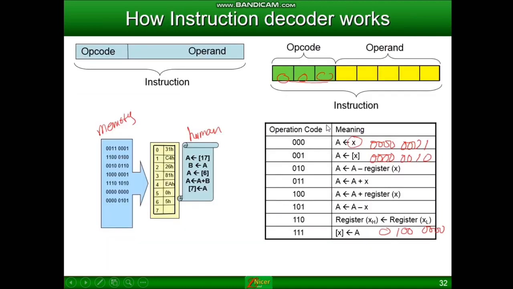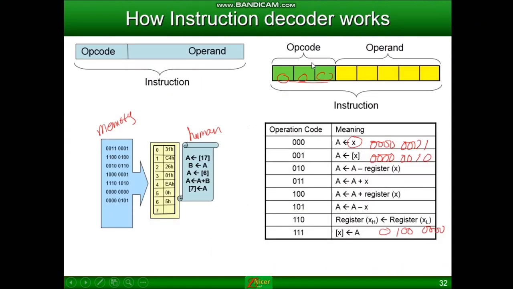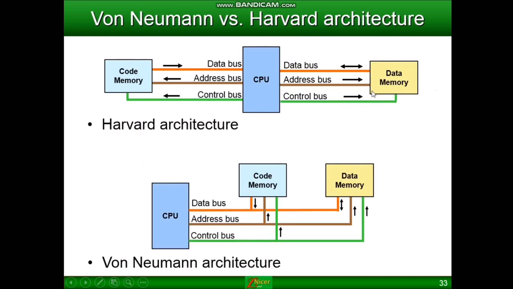So then we have how the instruction decoder works. The instruction decoder basically has opcode and operand. So this is human language, this is machine language, and these are the instruction tables that we have. Opcode is the operation code. It runs step by step, and the operand is this meaning. This meaning is converted into the binary language and then comes to the operand.